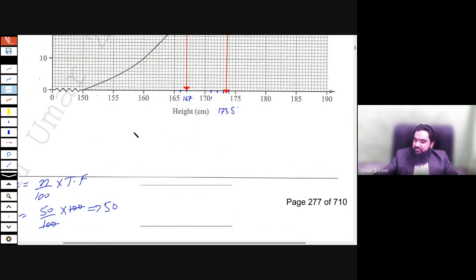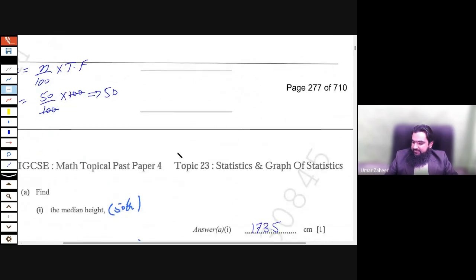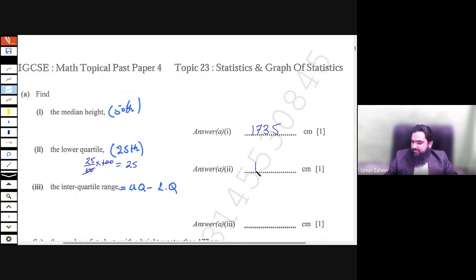Because we have 165 to 170, the first point will be 166 and the second point will be 167. So we get the lower quartile as 167.